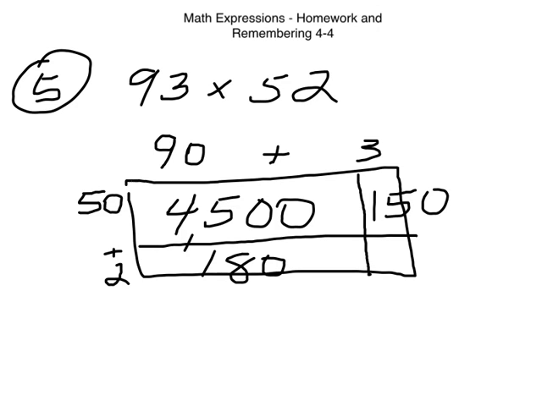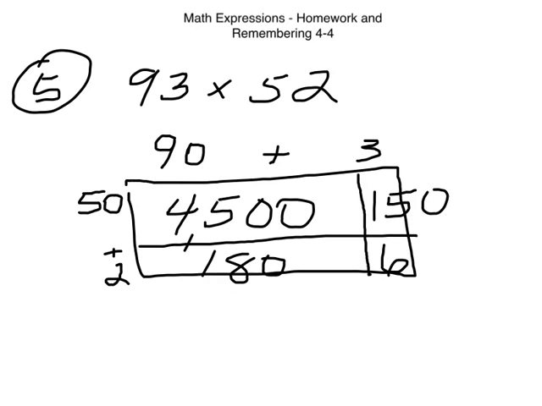And then in this box, we have 2 times 3, which is 6. So all of these products in the area model, 4,500, 180, 150, and 6, these are called partial products. So now that we have all these partial products, we need to add them together to find the final product of 93 times 52.